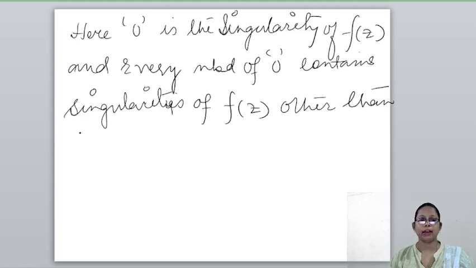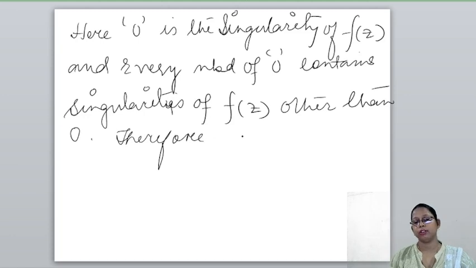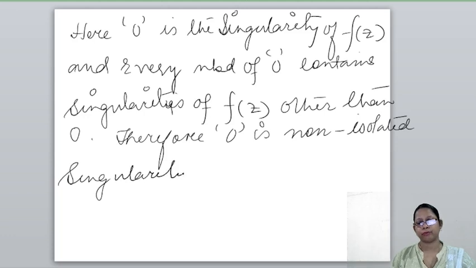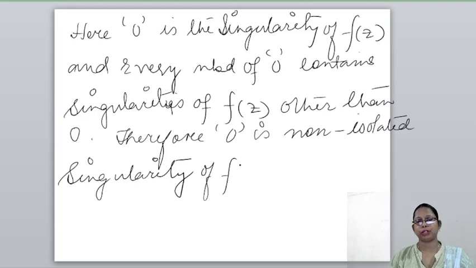Therefore 0 is a non-isolated singularity of f(z).